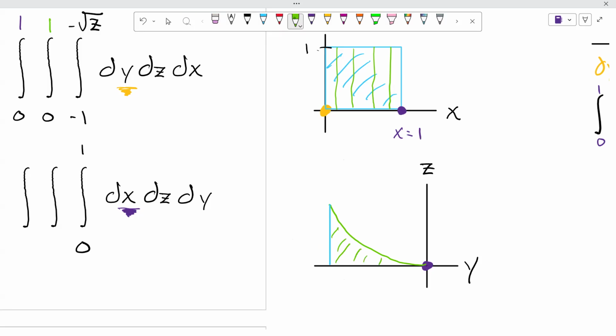With that part shaded in. So this was z equals y squared or y equals negative root z. And over here, y equals -1.